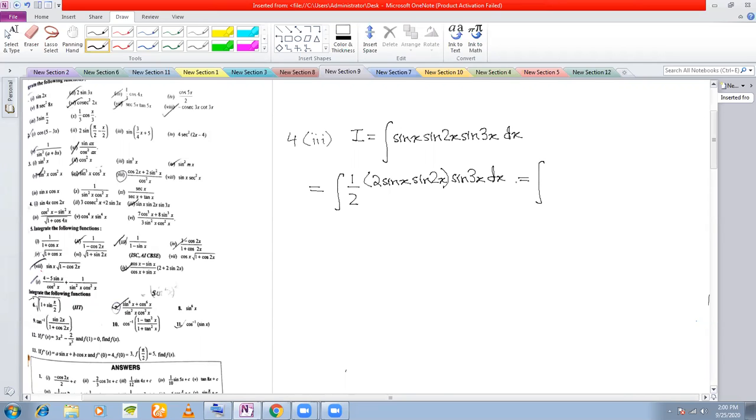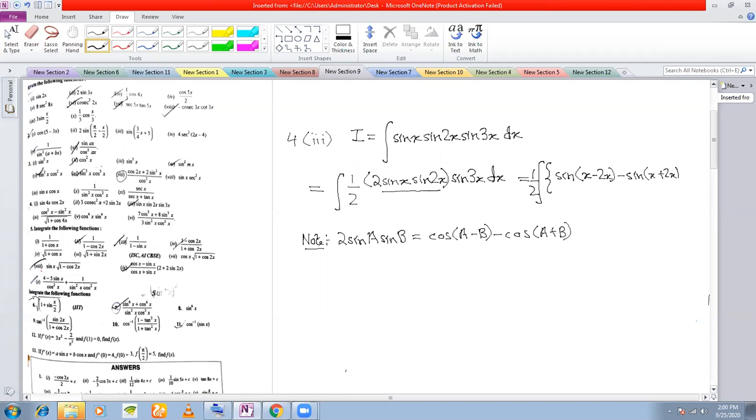I change the first two to a sum. I take half outside and I change this to a sum. What is the formula for 2 sine A sine B? If you remember, 2 sine A sine B is cos(A minus B) minus cos(A plus B).